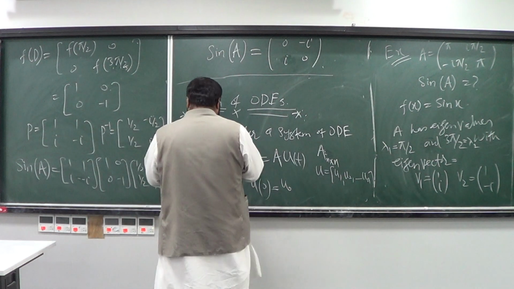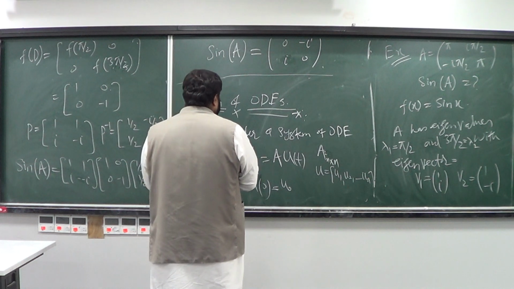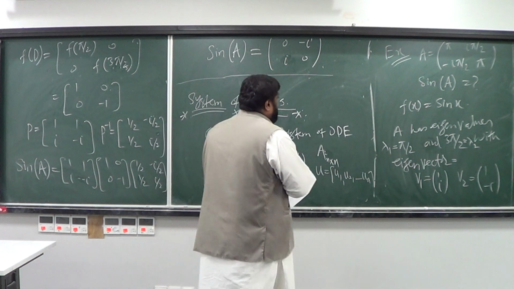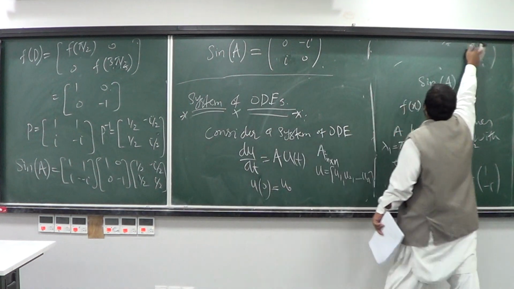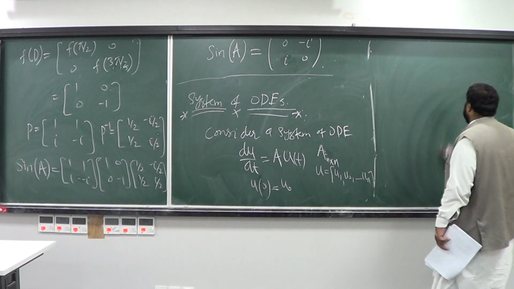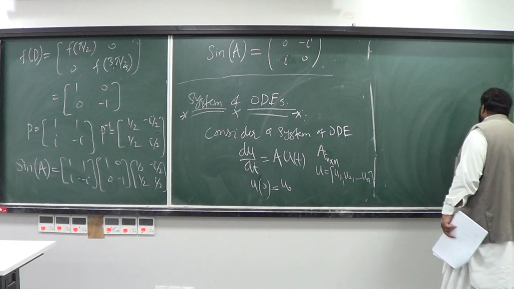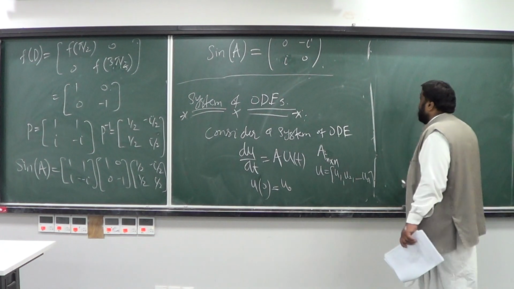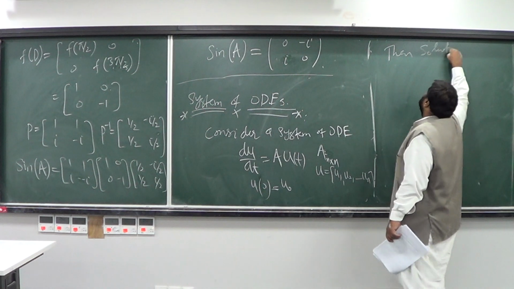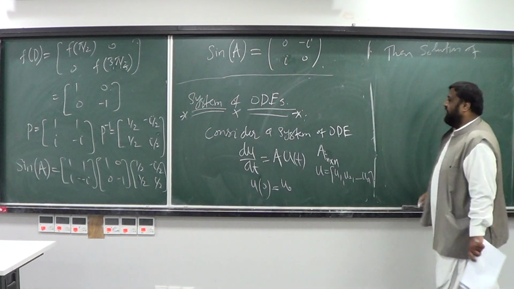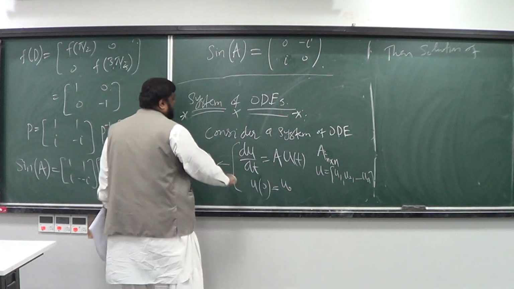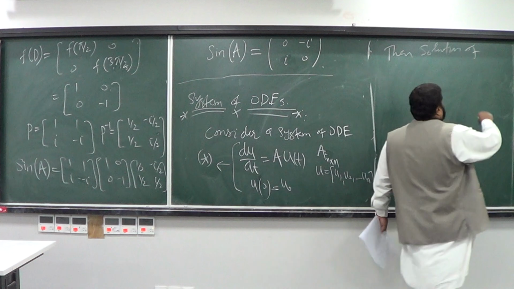Okay. Now, once you have this system of differential equation where A is a matrix, then the solution of this system of differential equation can be defined as a function u of t, which can be explicitly written as this. Then the solution of this system, let's call this system A star, okay?